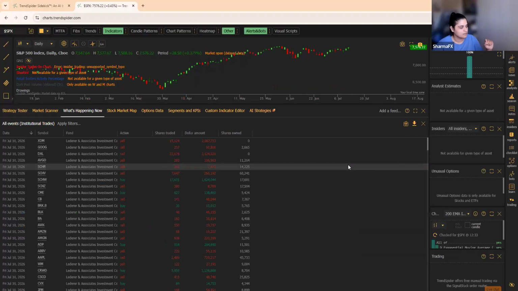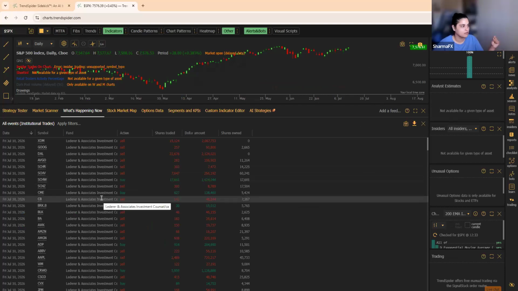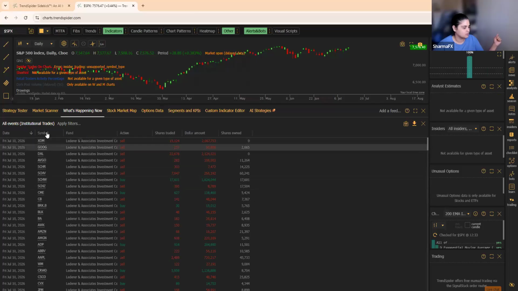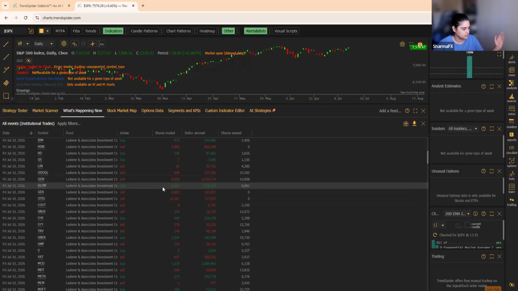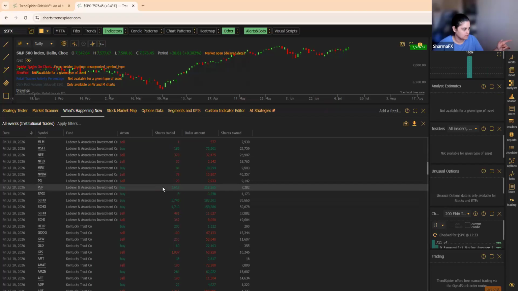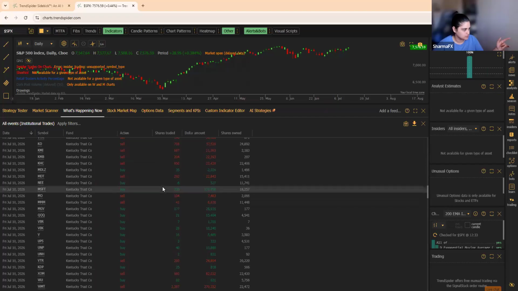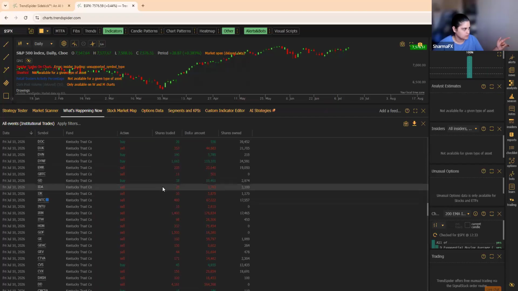So this is everything that these funds have already filed with the SEC on their investments. These are all the funds and which symbols they're investing in or pulling out of. So sell, buy, I can pull up all the information for today. And clearly we see two clear names here with major investments.